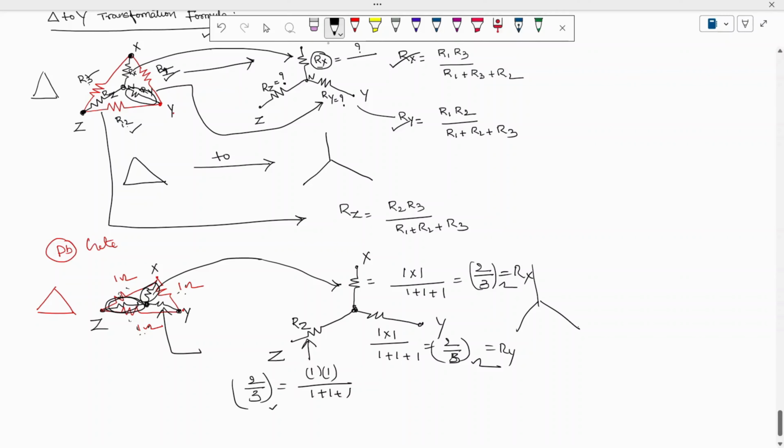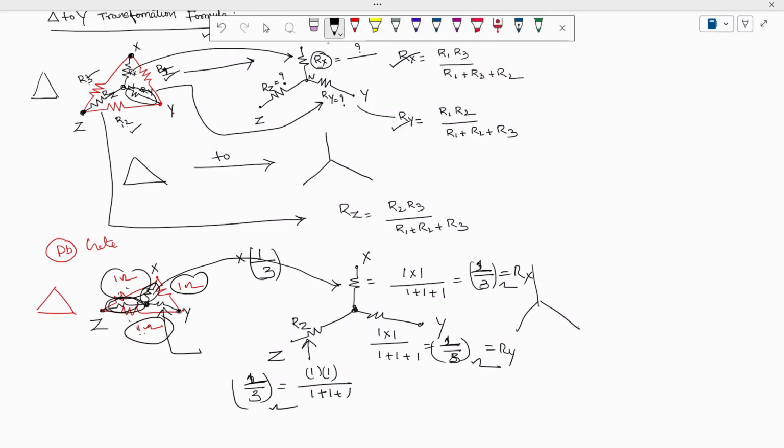So you can see here, sorry, a small mistake. This is 1, directly 1, 1, 1, 1. So you can see here all the resistor values are 1, but here each resistor value is scaled by 1 by 3 times.